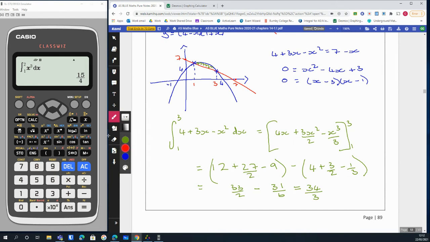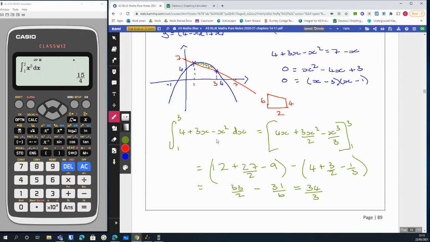I'm going to do the line here just because I've not left myself much space down there. So what we've got here is a trapezium. It doesn't matter what order you do these areas in, so you could have done the trapezium first. So we know that the distance across the bottom is 2, between 1 and 3. When I have my values of 3 and 1, if I substitute that into the 7 minus x, then 7 minus 1 is going to give me the biggest height, and 7 minus 3 is going to give me the smaller one.